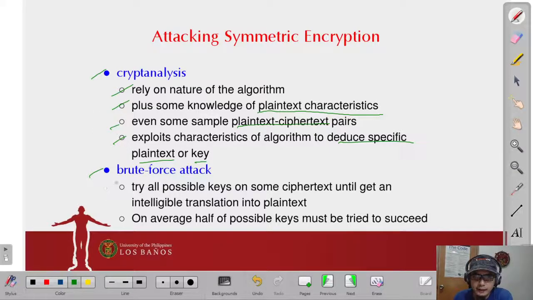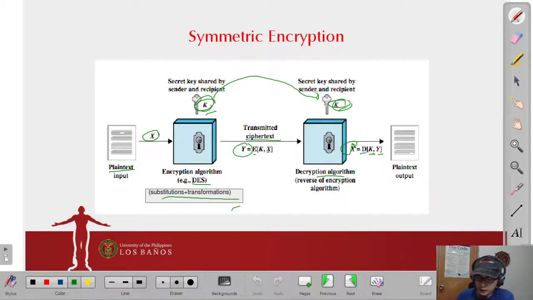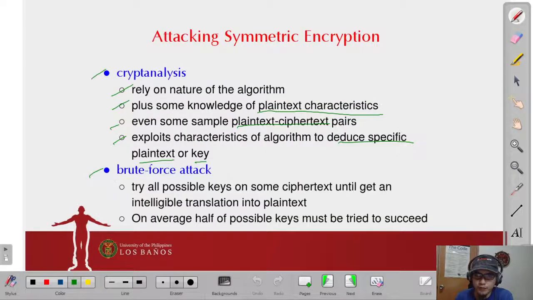The second attack is the brute force attack. Remember that in symmetric encryption, you have the key, and normally the key is represented as bits. Since these are bit patterns, let's say 1011, you can try all the possible combinations of the keys to obtain the key.